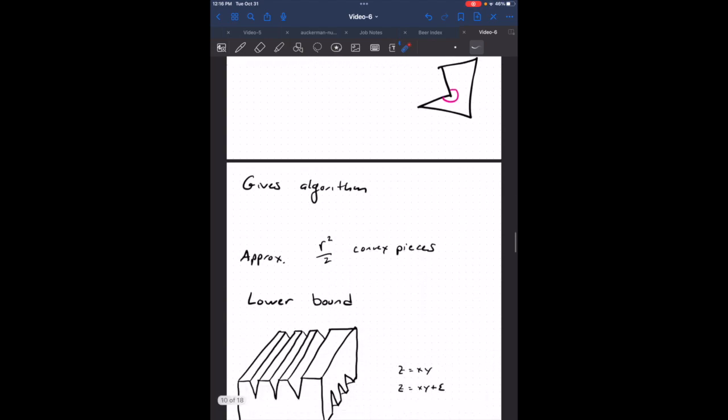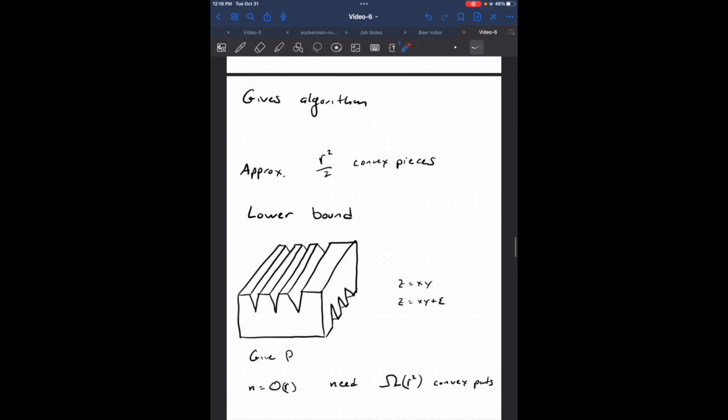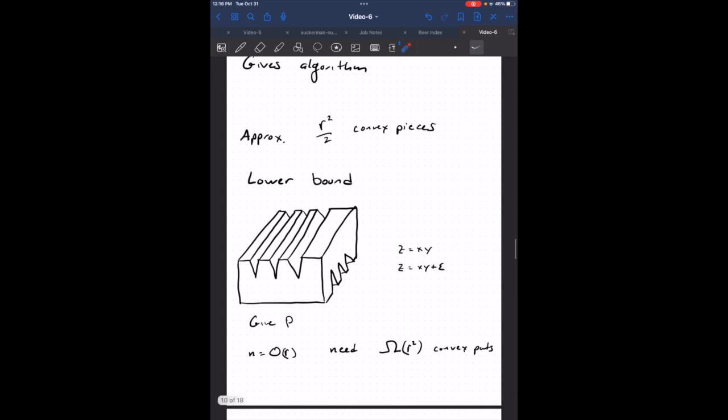And in this paper, he gives an algorithm that decomposes our polyhedra into approximately r squared over 2 convex pieces. And the thing we're interested in is this polyhedra he gives that gives a lower bound. So this thing is pretty cool. Here n is big O of the number of reflex vertices.